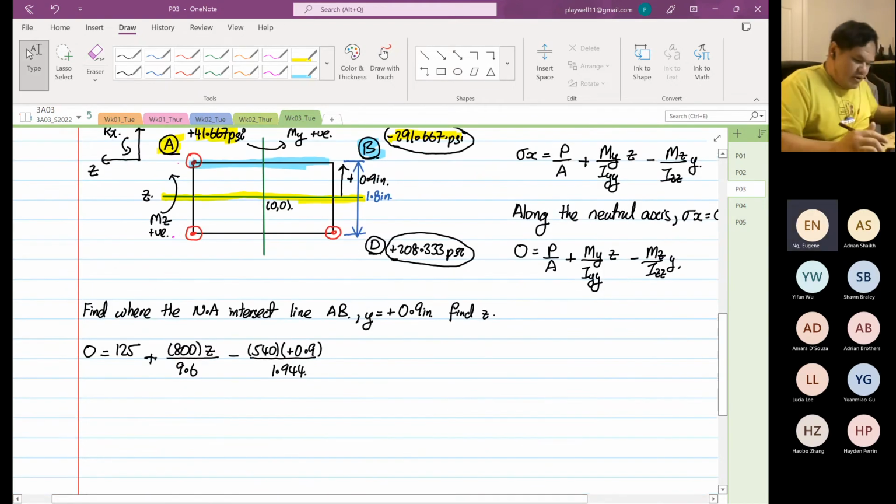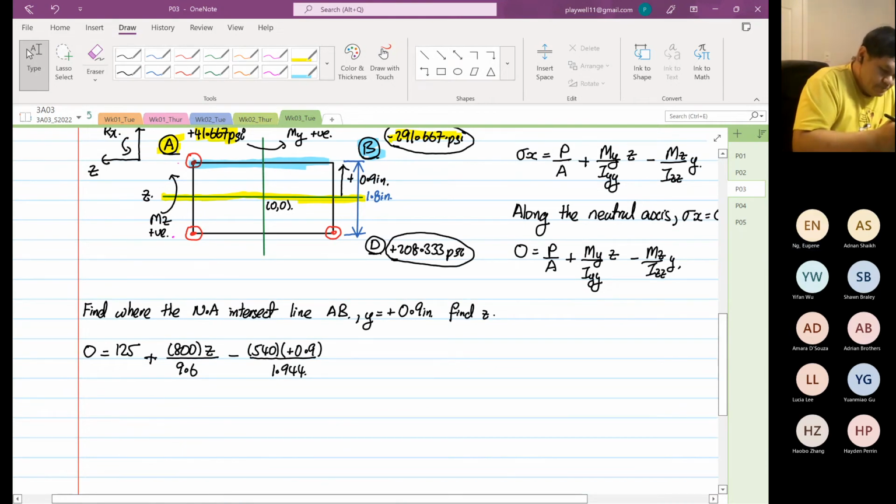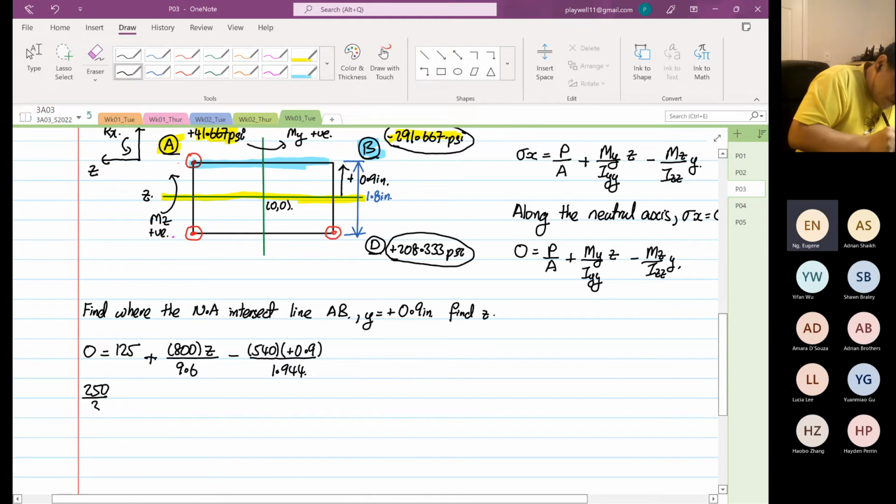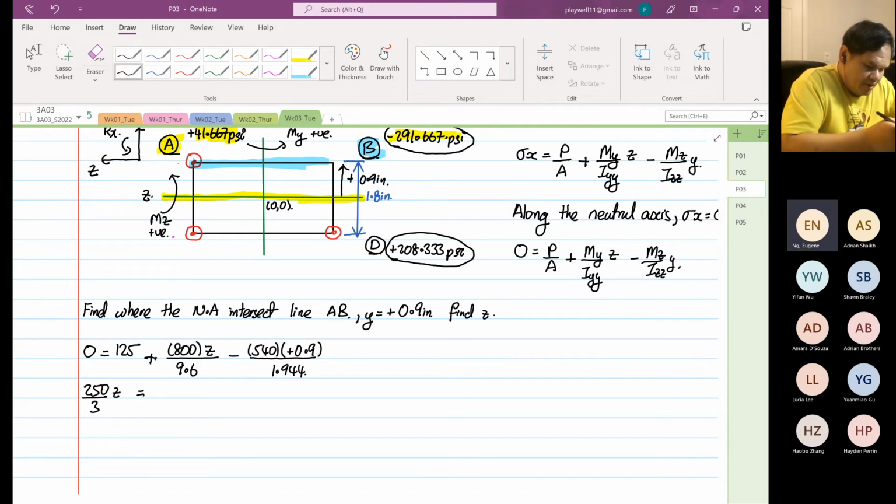Okay. So when you calculate this out, 800 divided by 9.6 is equal to 250 over 3. So 250 over 3 Z is equal to 540 times 0.9 divided by 1.944 minus 125, which is equal to 125.